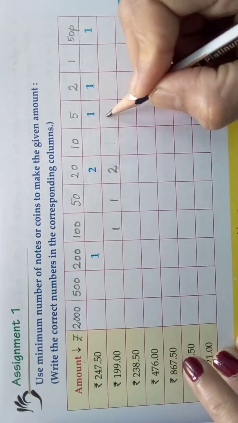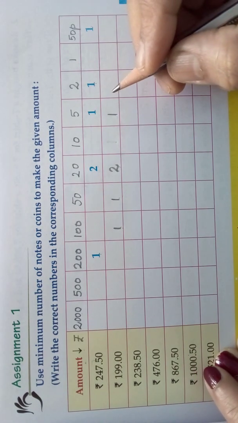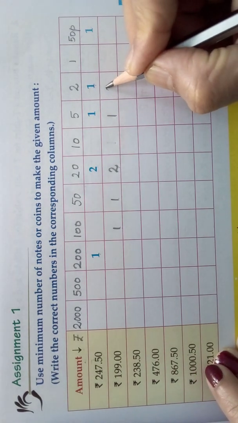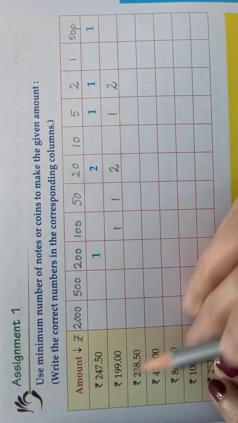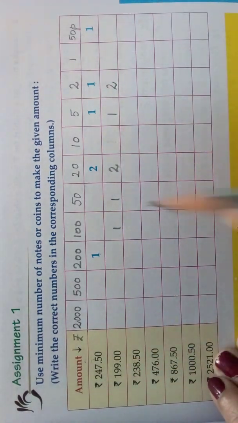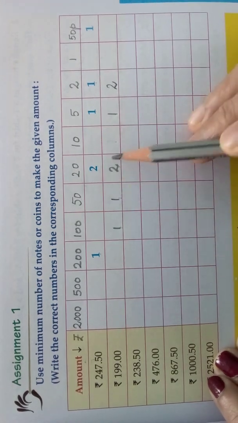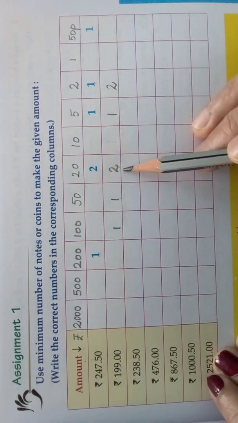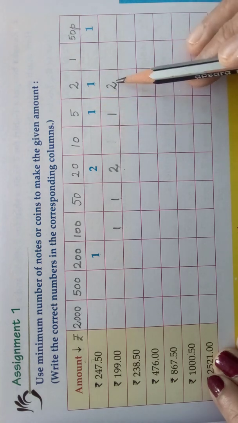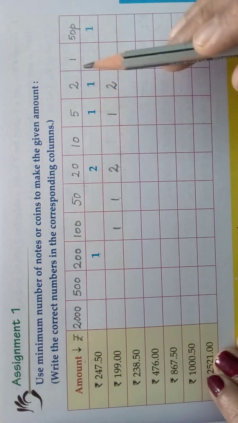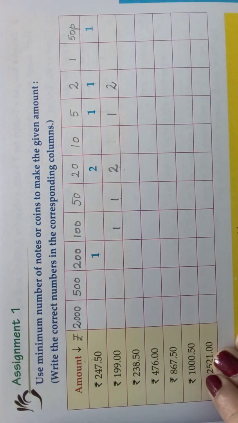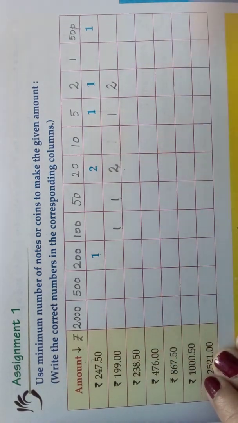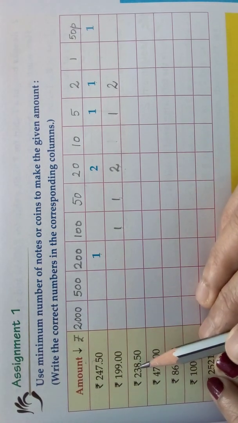So I will take one 5 rupee note and 2 rupee coins. 100, 150, 170, 190, and 195, 197, 199. This will make 199 rupees. So this is the number of notes and coins I will take to make 199 rupees. Understood, children? Come, we'll see the next one.